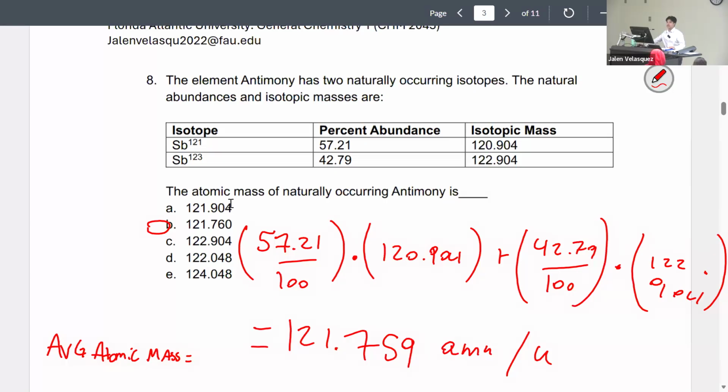Any questions on number 8 or on how we solve that, or about the formula? Dividing each percent abundance by 100. Multiply the mass one by the percent abundance ones, and then same thing for the second, and then divide the whole thing by 100. I've never tried it that way.